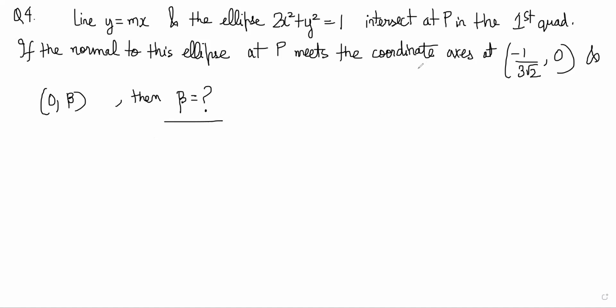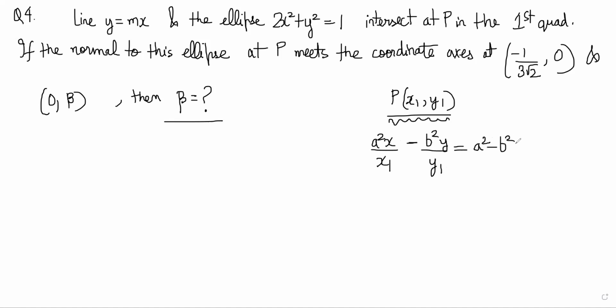So here it will be convenient if you remember the equation of the normal at x1, y1. At an arbitrary point x1, y1, the equation of the normal is a square x by x1 minus b square y by y1 is equal to a square minus b square.